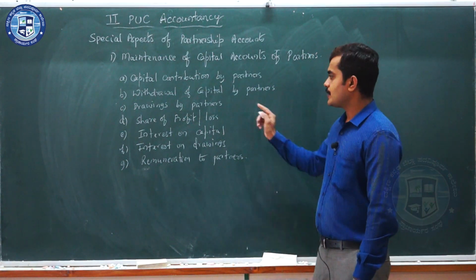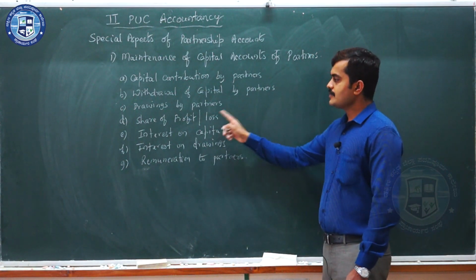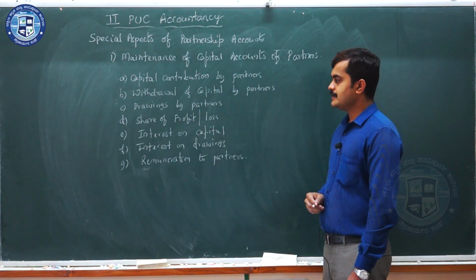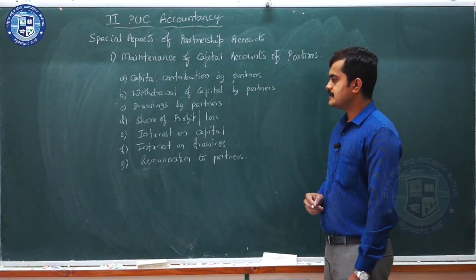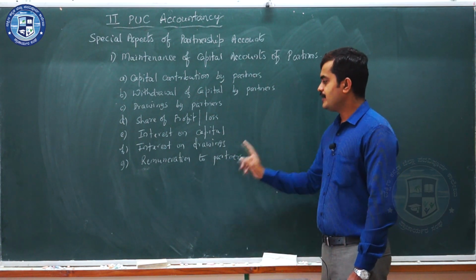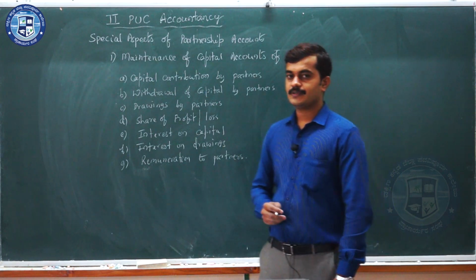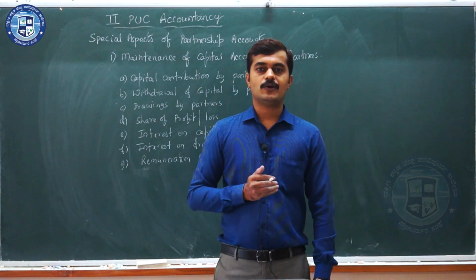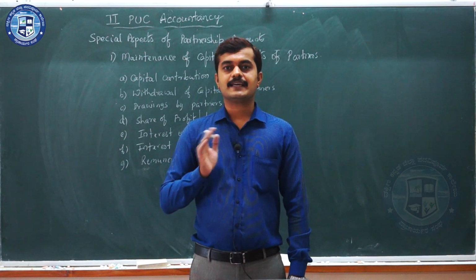Third one is drawings by partners. Fourth one, share of profit or loss. Fifth, interest on capital. Sixth, interest on drawings, and the last is remuneration to partners. So these 7 transactions will be recorded through partners' capital accounts.